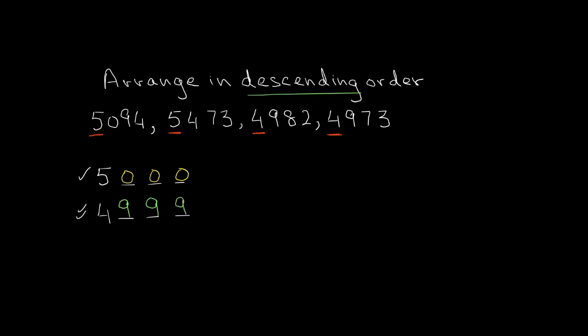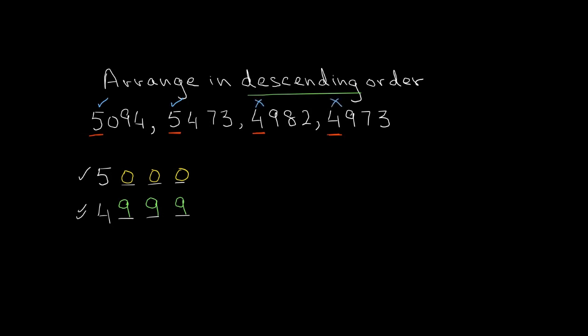But we already know that 4,999 is less than 5,000, because 4,999 plus 1 is 5,000. So we know this number is less than this number. So what that means is that these two numbers are bigger than these two numbers, right?